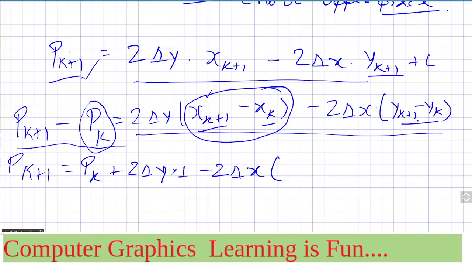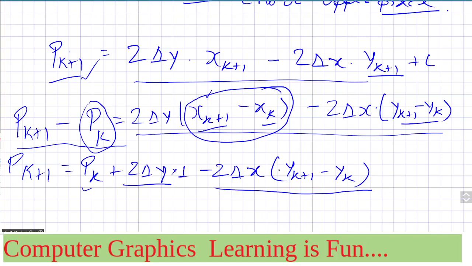We cannot judge what it will be, so we keep it as it is. Now you have pk plus 2 delta y minus 2 delta x into yk plus 1 minus yk.